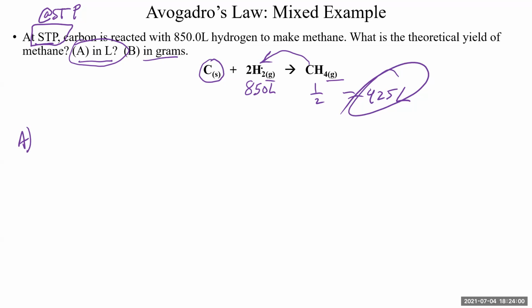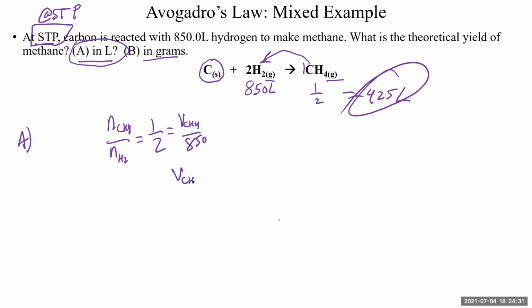Why? Because it is a 1-to-2 ratio. The mole ratio of methane to hydrogen is 1/2, which is going to be the volume ratio, which is going to be our volume of CH4 to 850.